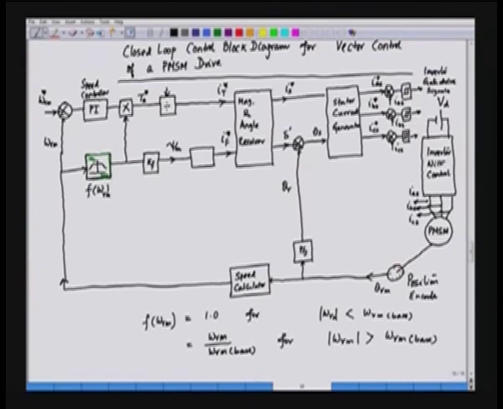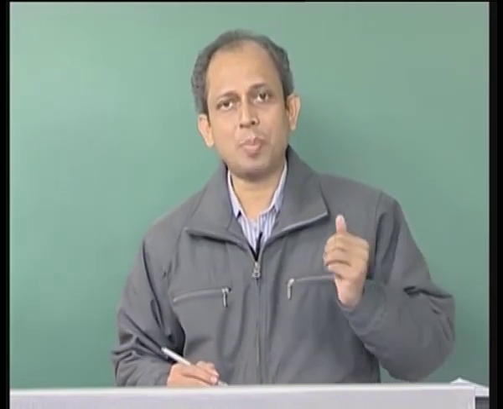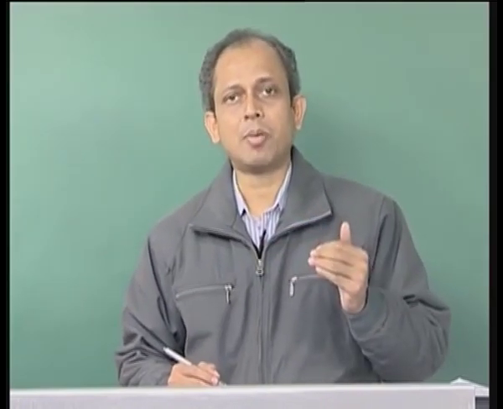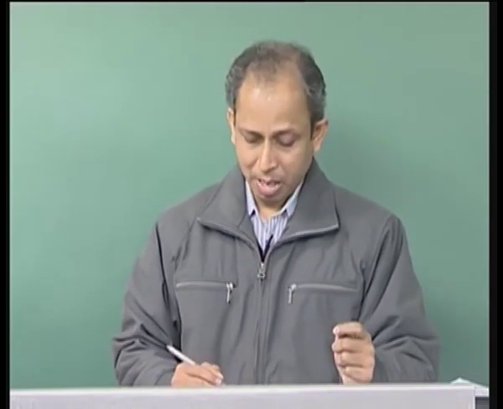So, this is the functional block here, and this functional block has got amplitude equal to 1 for the speed less than the base speed, and if the speed increases beyond base speed, we have a need of flux weakening, and the flux weakening is achieved by making this particular function less than 1.